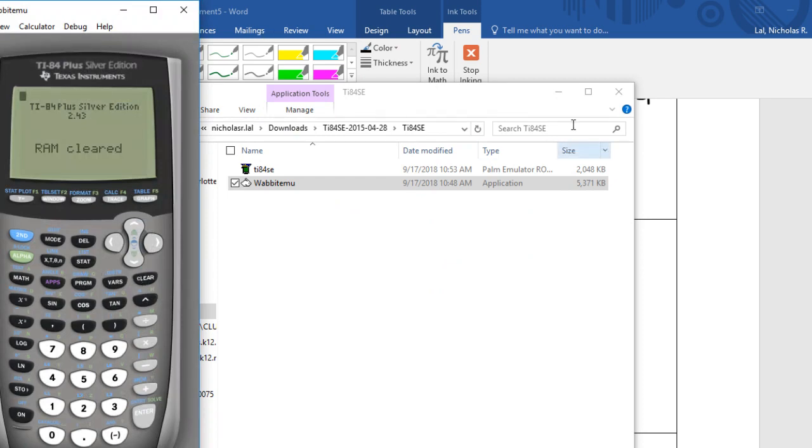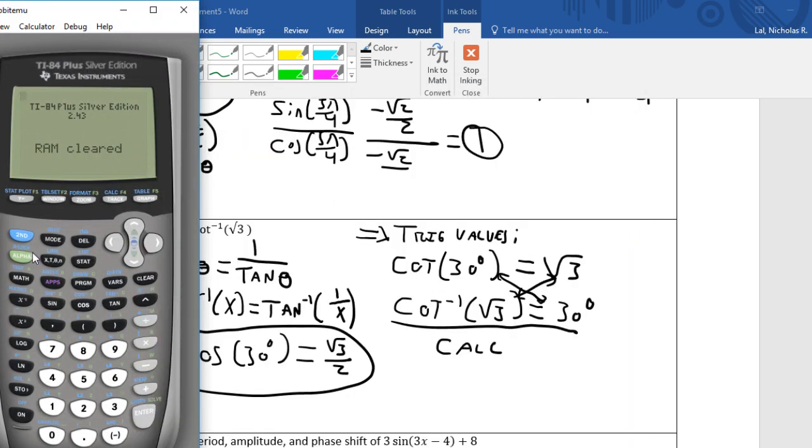Alright, I need to find the cosine. Now the inverse cotangent of the square root of 3, I need to rewrite as the inverse tangent of 1 over the square root of 3.